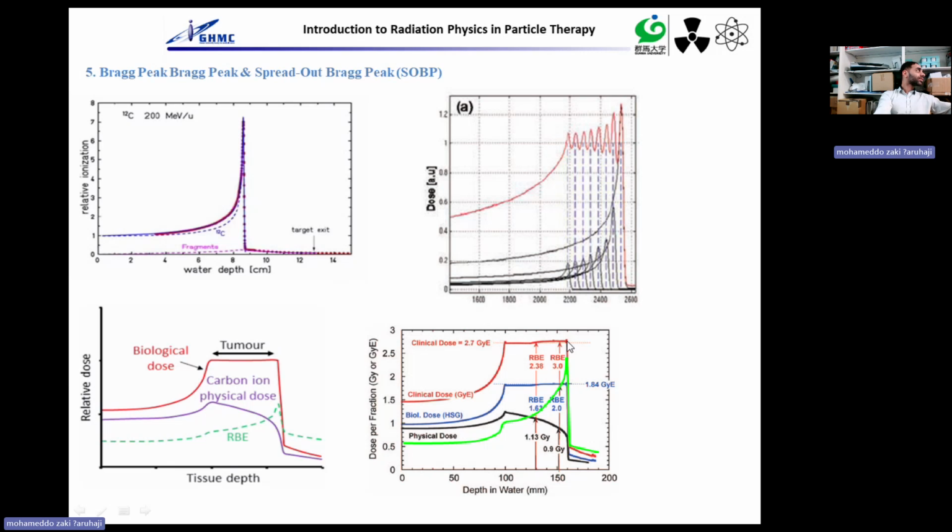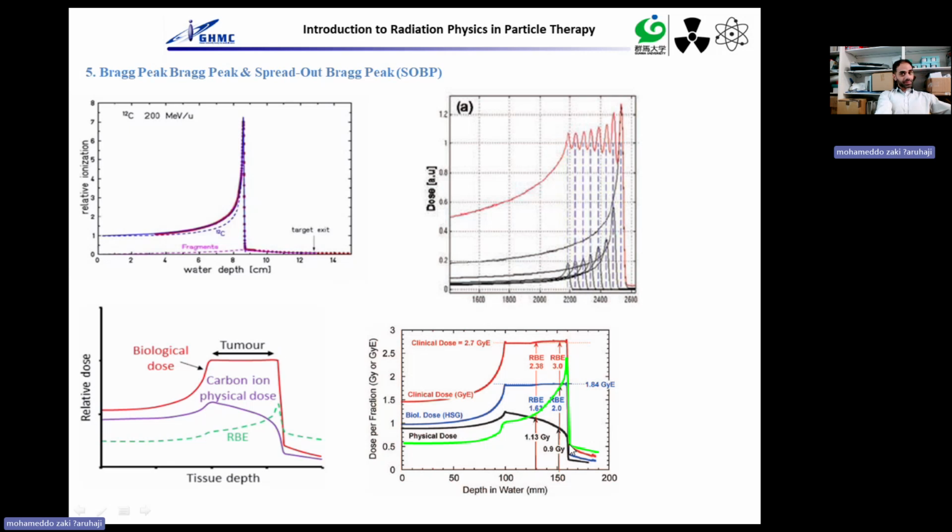So the particles have already stopped, with no more energy. We cannot say no more energy, because there's a little energy deposited here, but the main dose is no longer deposited from the particle. The dose is now coming from the secondary particles.